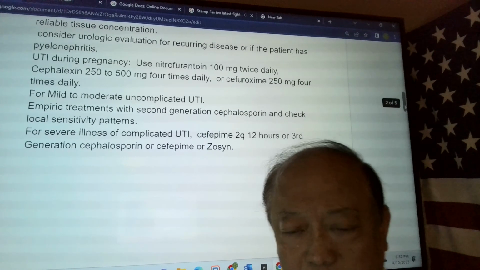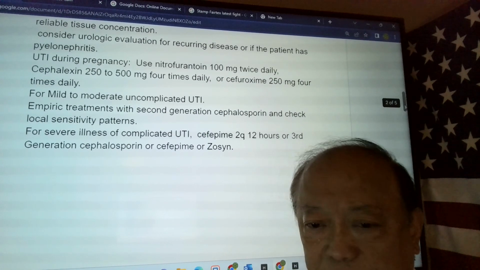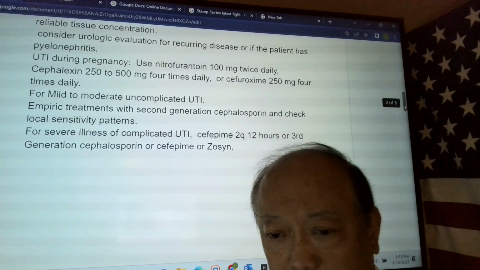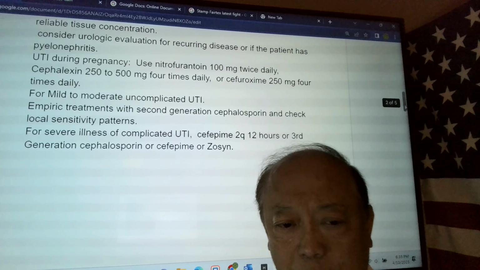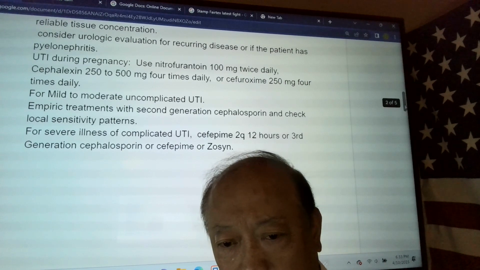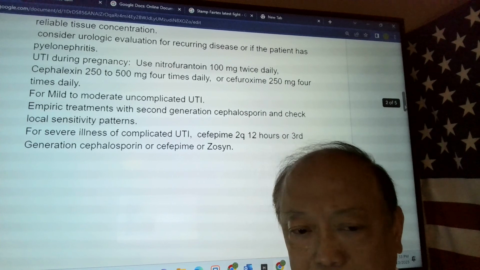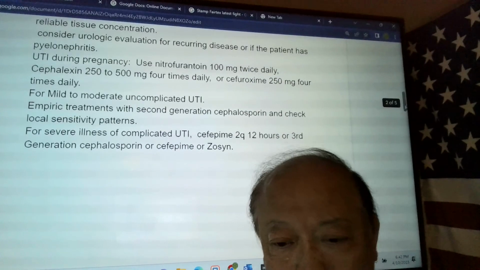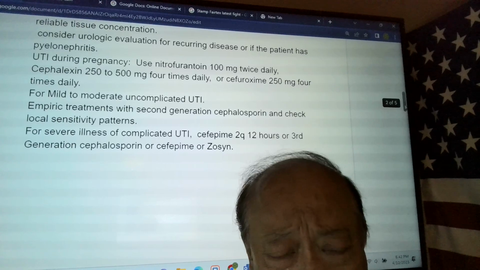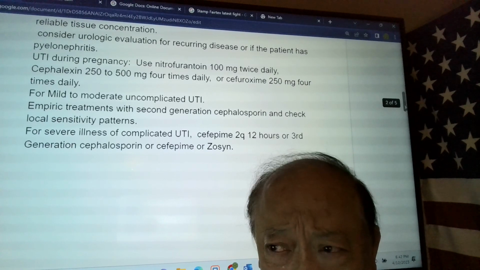For severe illness of complicated UTI, cefepime, 2 grams Q12 hours, or third generation cephalosporin, or cefepime, or Zosyn. Virus associated urinary tract infection is rarely clinical.